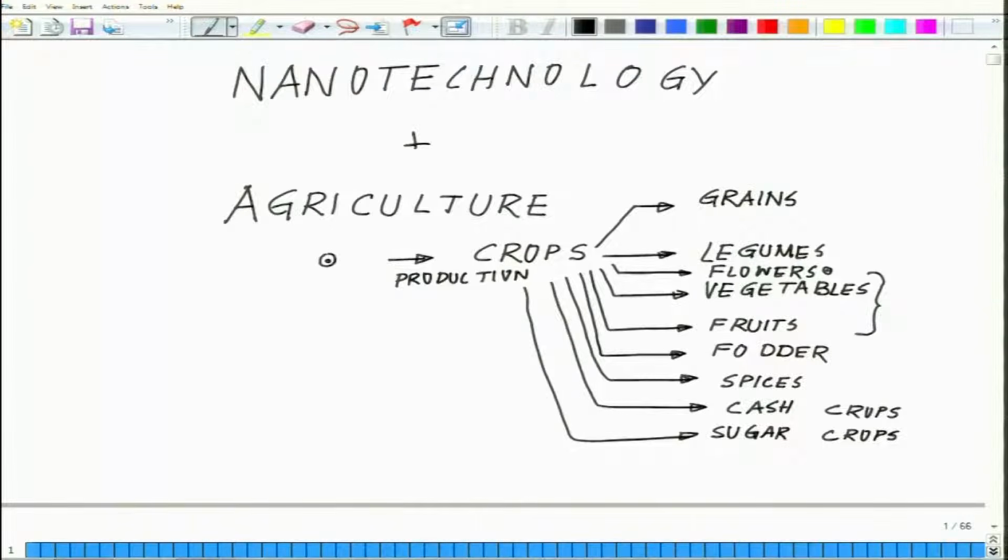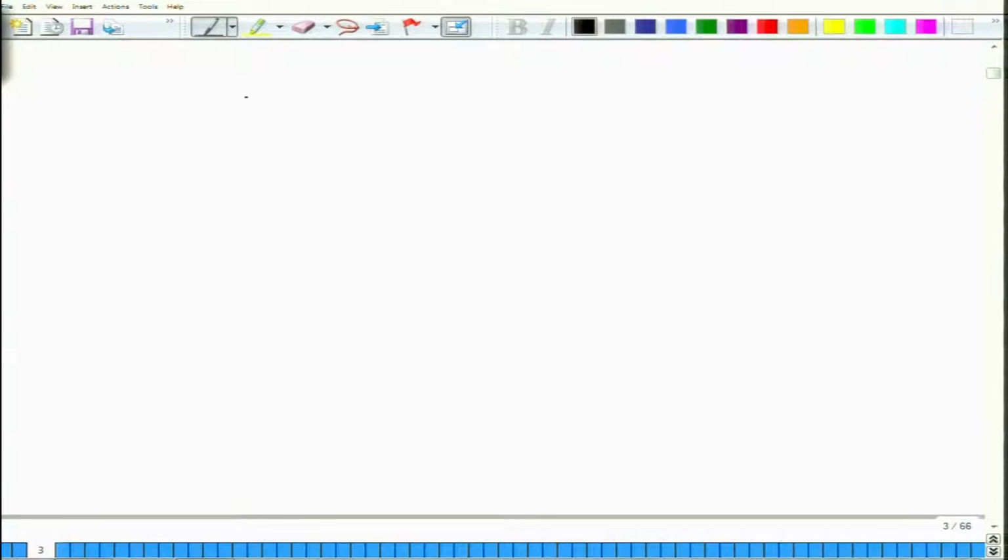Now, having said this, this is the whole range of agriculture what we deal with, and in terms of nanotechnology, to talk about certain things in the very beginning, that will include the first thing, the basic nanomaterial. This nanomaterial could be of several kinds.